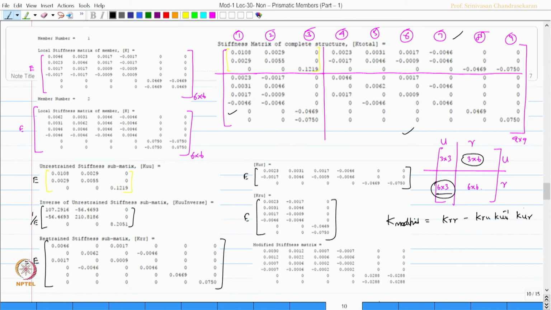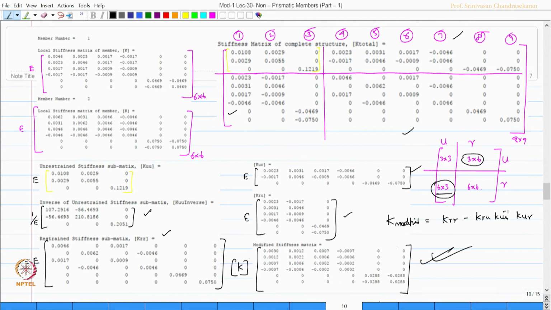So, I have all the matrices, KRR I have, KRU I have, KUU inverse I have, and KUR I have. Do the manipulation and get this matrix, which is my modified stiffness matrix for the special element. The problem does not stop here, I want to solve the problem.